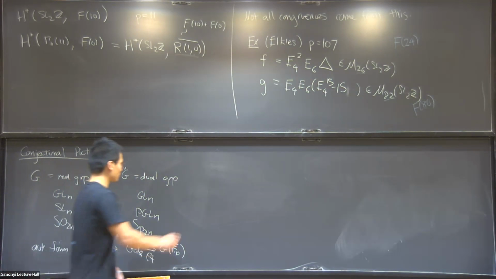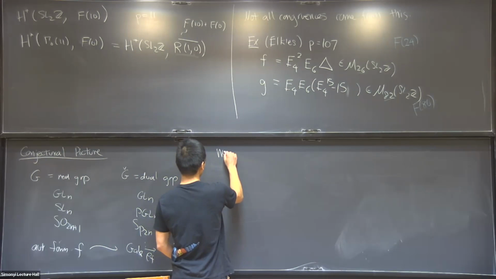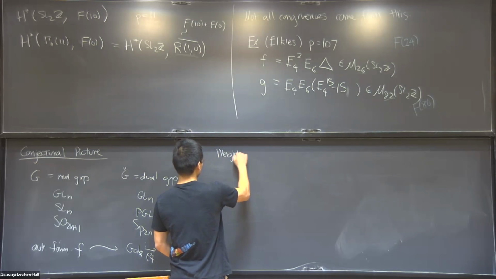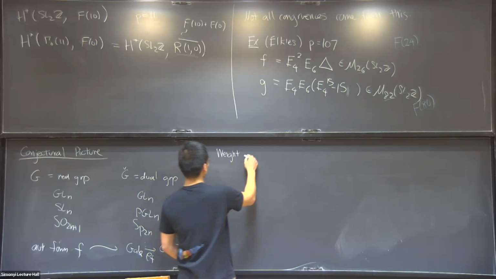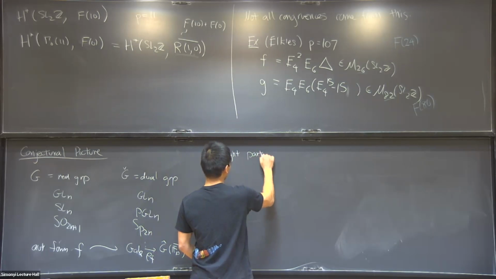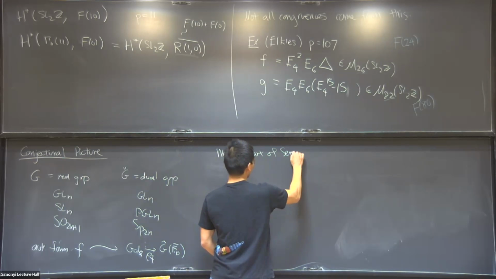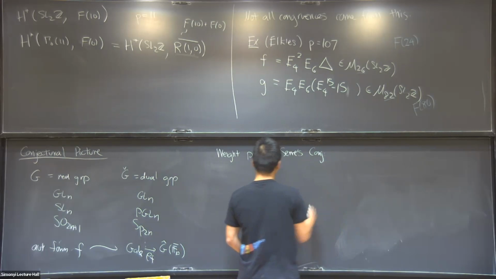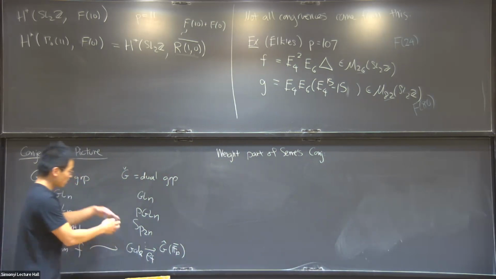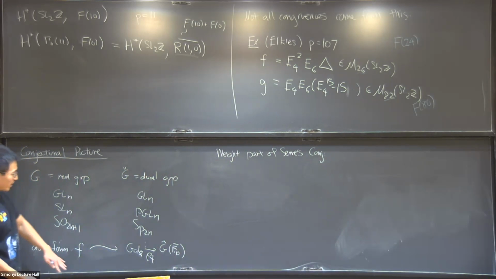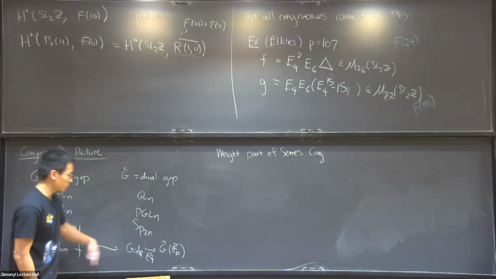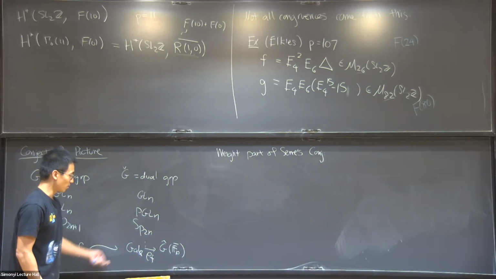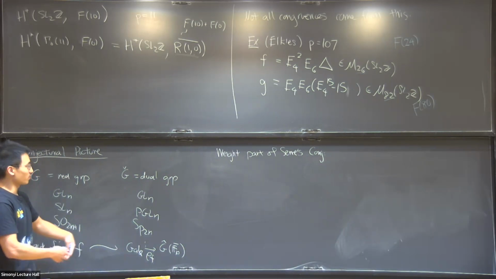The idea of the weight part of Serre's conjecture, which is attempting to classify what possible congruences can occur, is that the congruences which can occur depend only on the restriction of this Galois representation of Q to Q_p.